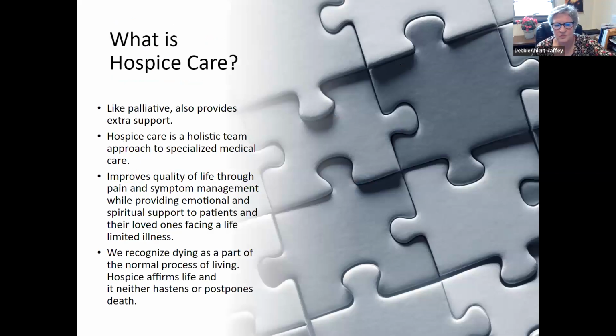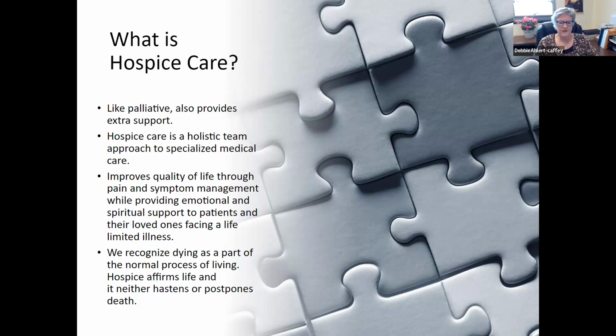Like palliative, we provide an extra layer of support. Hospice care is a holistic team approach to specialized medical care, just as palliative is. We improve the quality of life through pain and symptom management while providing emotional and spiritual support to patients and their loved ones facing a life-limiting illness. We recognize dying as a part of the normal process of living.